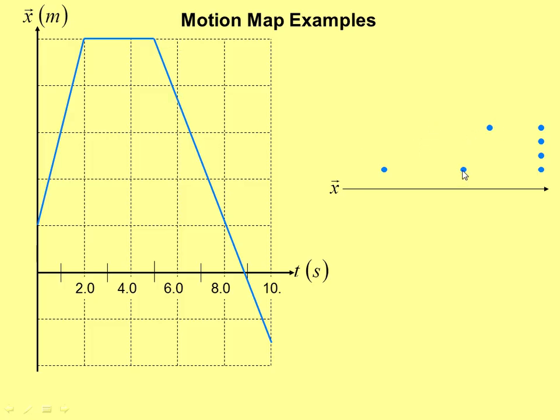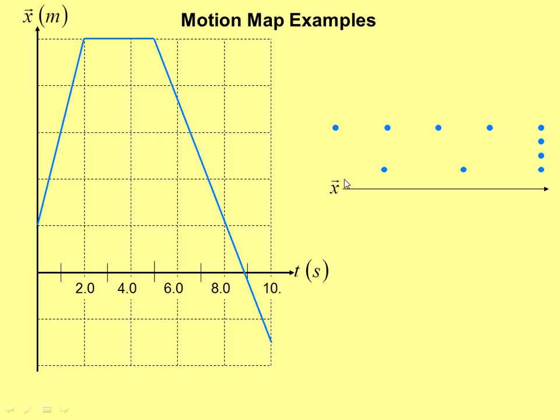After 7 seconds, he's again moving more to the left at the same velocity as he was here, so these two are equidistant. After 8 seconds, even more to the left. And notice here, after 9 seconds, he's now just past 0. Right? He's just to the left of 0. Look at 0. So if you've drawn this well, these should all be equidistant, and this dot should be just to the left of 0.